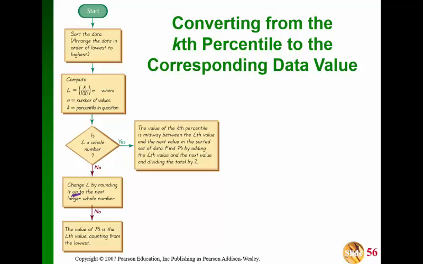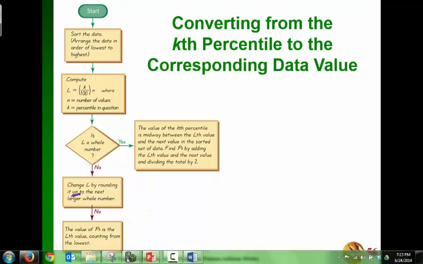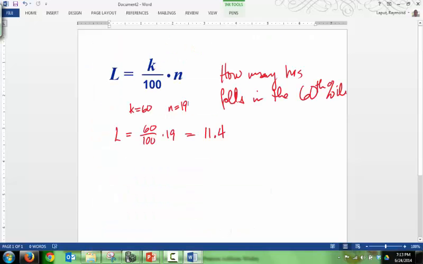In this case, we ended up with a decimal, so we're going to round up. Even if it's 11.1, you're still going to round up to 12. That's the rule this book has. If you go to other places, they might tweak the rule a little bit, but let's just go with this rule.